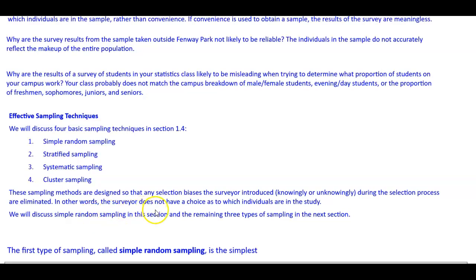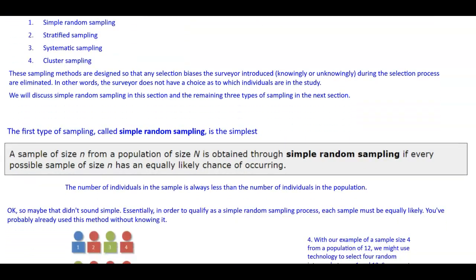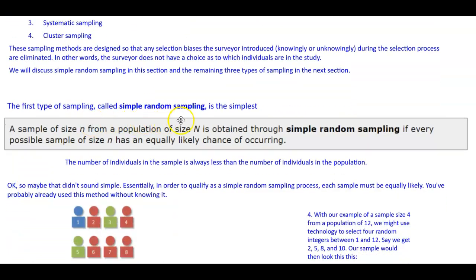In other words, the surveyor does not have a choice as to which individuals are in the study. Now, we will discuss simple random sampling in this section and the remaining 3 types of sampling in the next section. The first type of sampling, called simple random sampling, is the simplest.